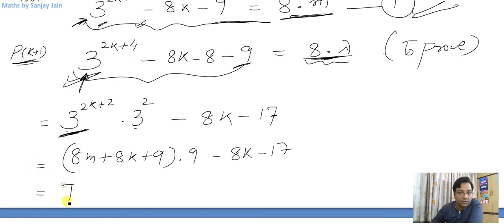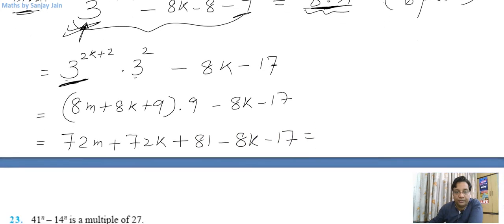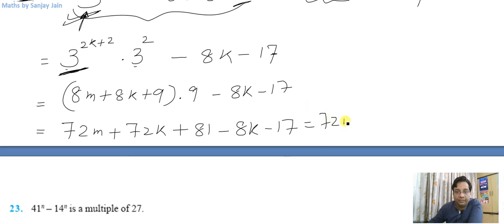So this will be equal to 72m plus 72k plus 81 minus 8k minus 17, which is equal to 72m plus 72k minus 8k will be 64k, 81 minus 17 will be 64.